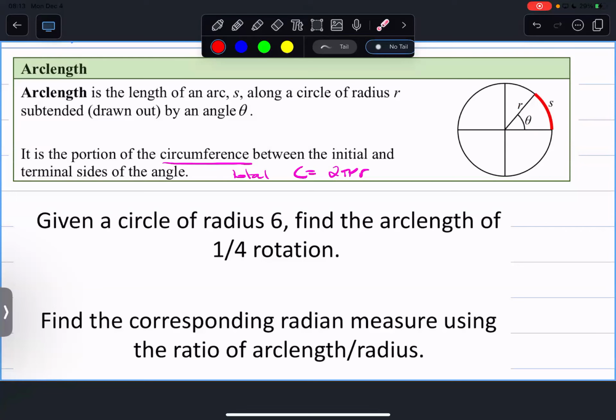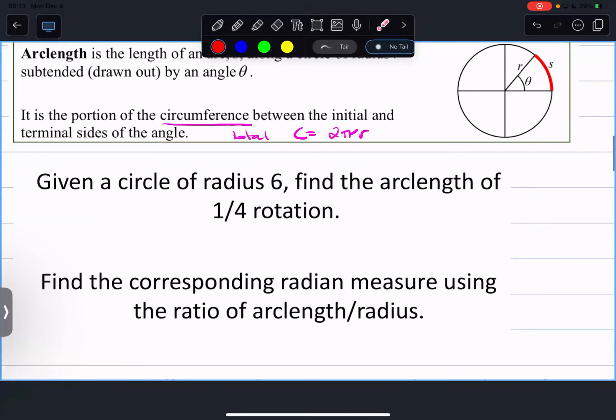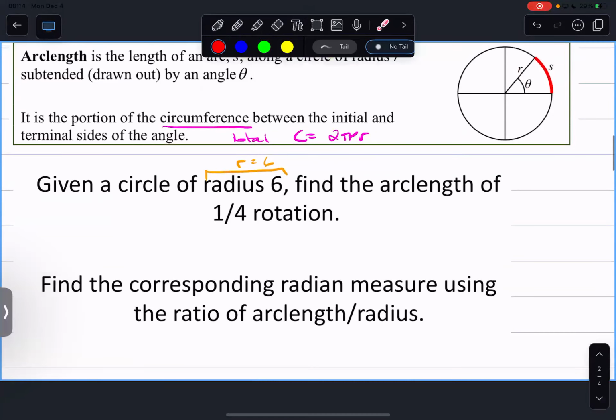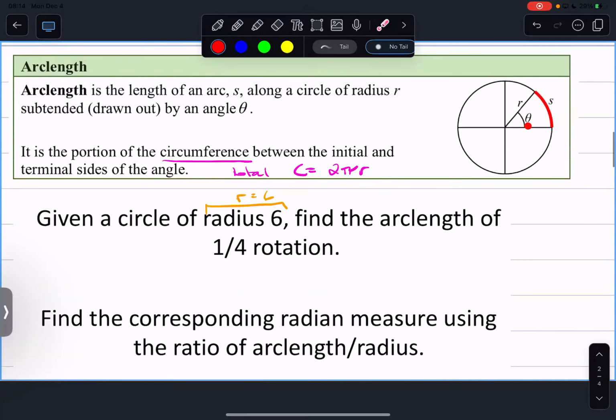So if we have a circle of radius 6, then r is 6. We want to find the arc length of a quarter rotation. So the arc length from here to the positive y-axis, that's a quarter rotation.